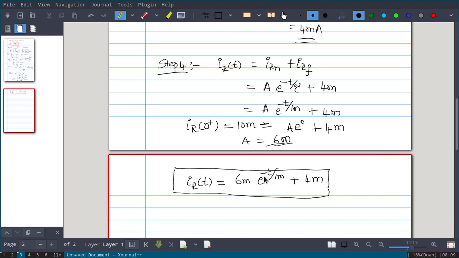But as t increases, the decay rate will be higher and this 6m term will become 0, and only 4 milliampere will remain. So the IR final value is 4 milli, but the initial value will be 6m plus 4m, that is 10m. Okay, that's it.